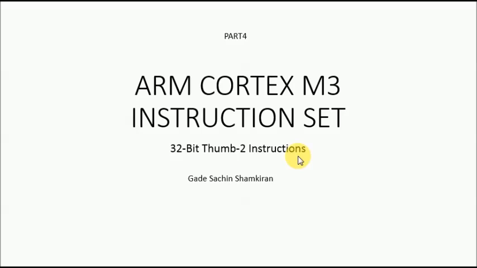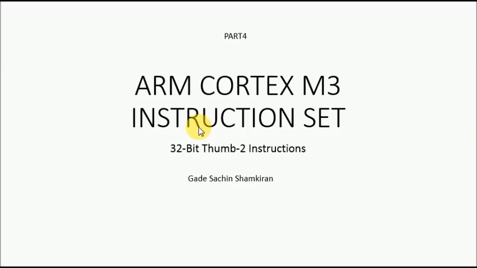In this video lecture, we will cover 32-bit Thumb-2 instructions of the ARM Cortex-M3 instruction set. I recommend viewing the previous lectures on the ARM Cortex-M3 instruction set, 16-bit Thumb instructions.